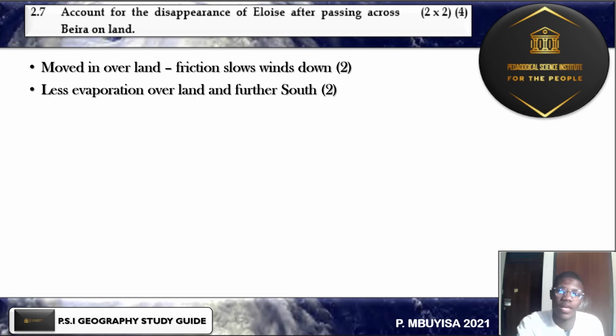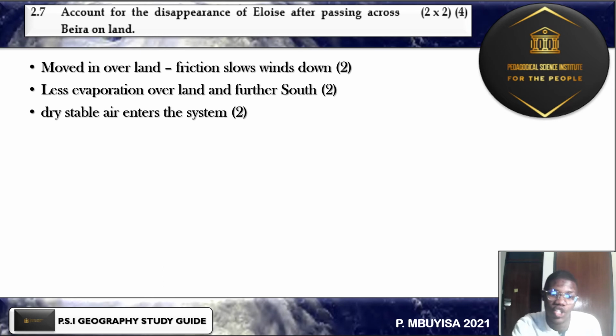Yeah. And there is less evaporation on land further south. And why further south? In a way, it reaches the westerly wind belt, and then it's a bit colder than the tropical easterly wind belt. So that's why we have less evaporation on land.